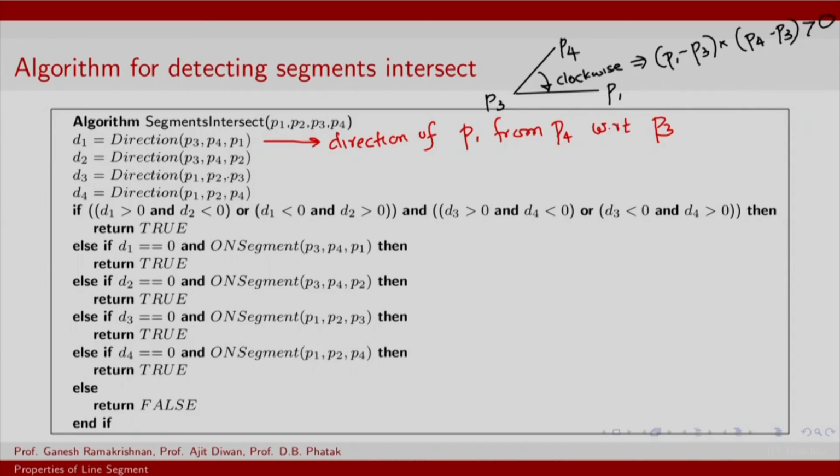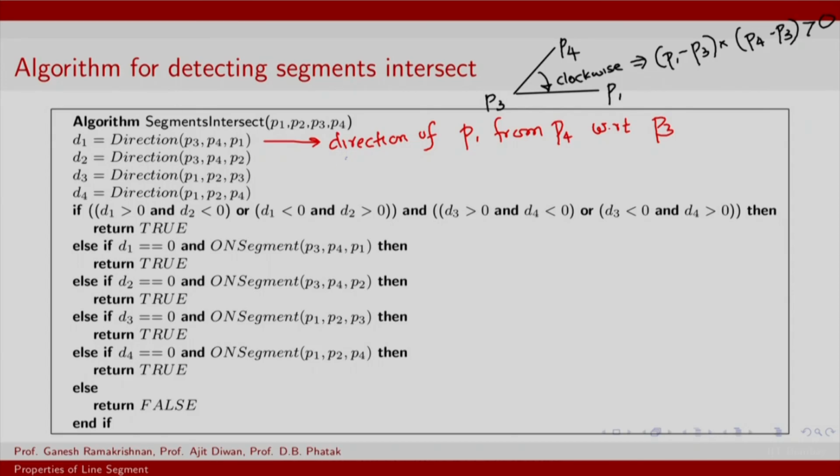So likewise we look for the direction of P2 from P4 with respect to P3, direction of P3 from P2 with respect to P1, of P4 from P2 with respect to P1. Note that we have arbitrarily chosen P3 and P1 from the line segments P3 P4 and P1 P2.